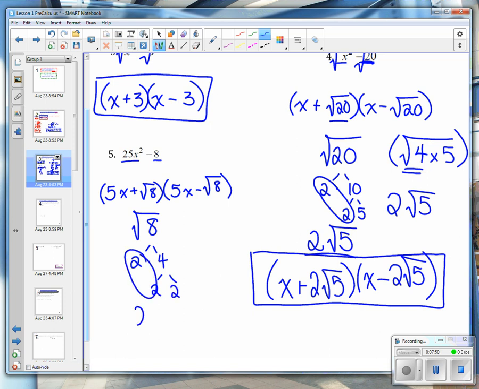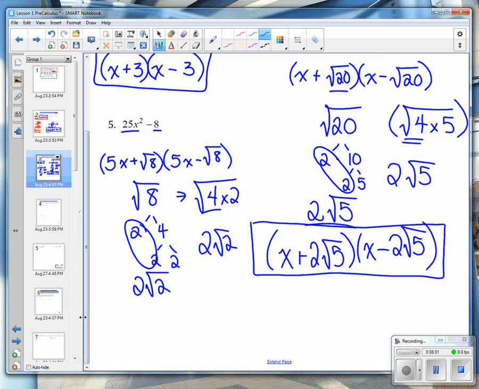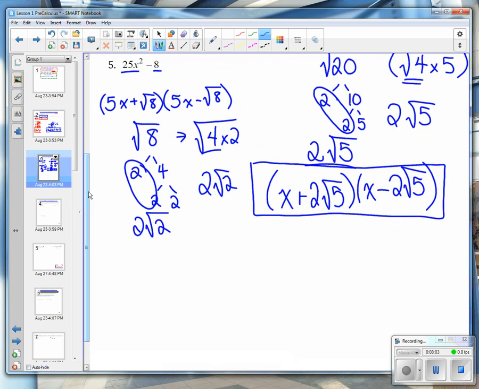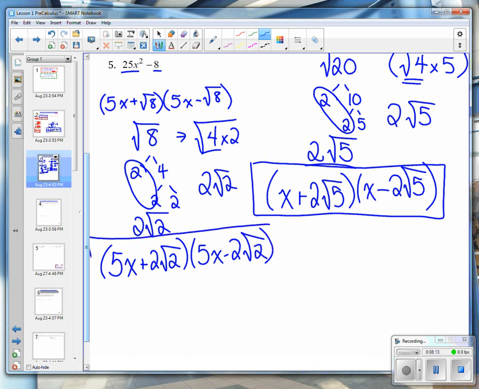Group of 2, which is going to be 2 root 2. Or, again, you can look at that as 4 times 2. Square root of 4 is 2 root 2, whichever way you prefer. And then we're going to have a simplified version here. So 5x plus 2 root 2, and then 5x minus 2 root 2. And that would be, again, just a review of our factoring the difference of squares.